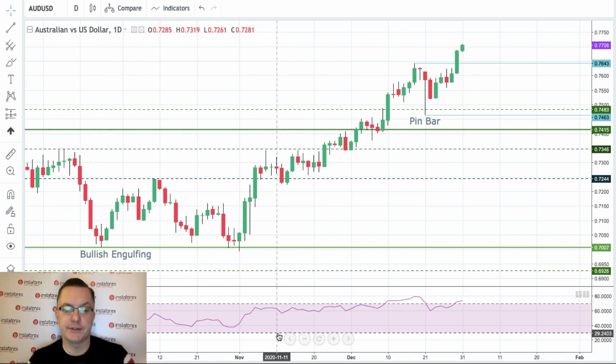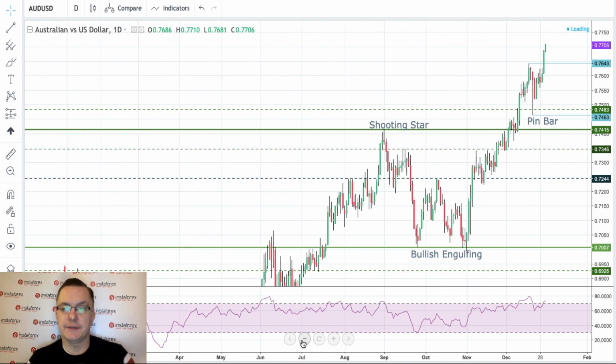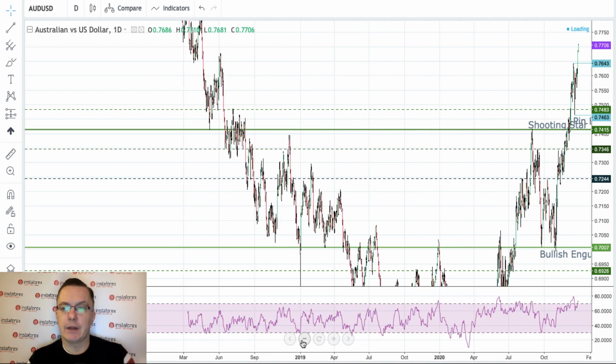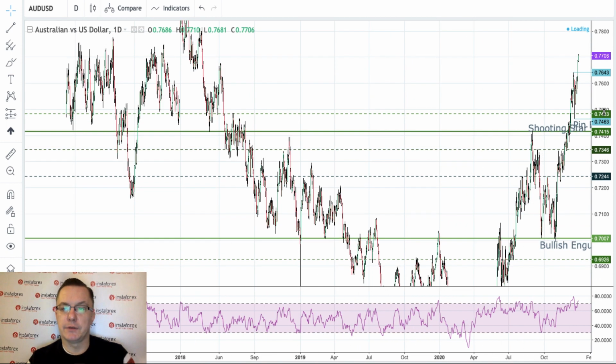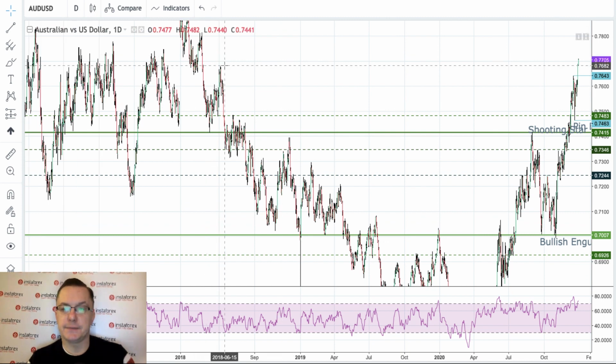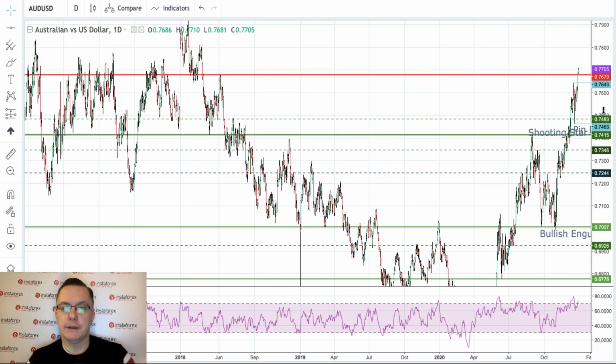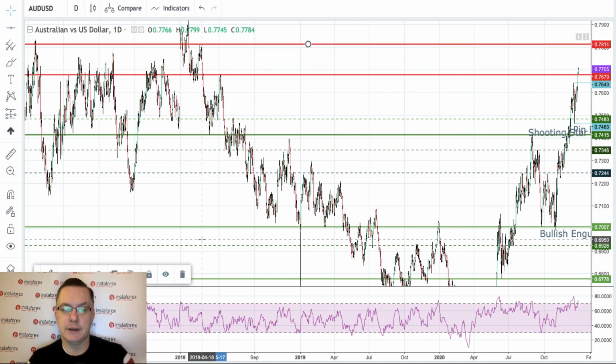Let's just see what we have on the left side. There you go, there is a first resistance. It has already been violated, but we can mark it, and the next line of resistance is around the level of 7,814.